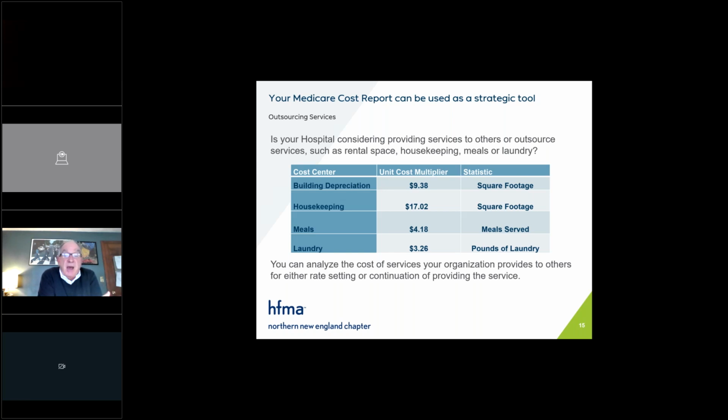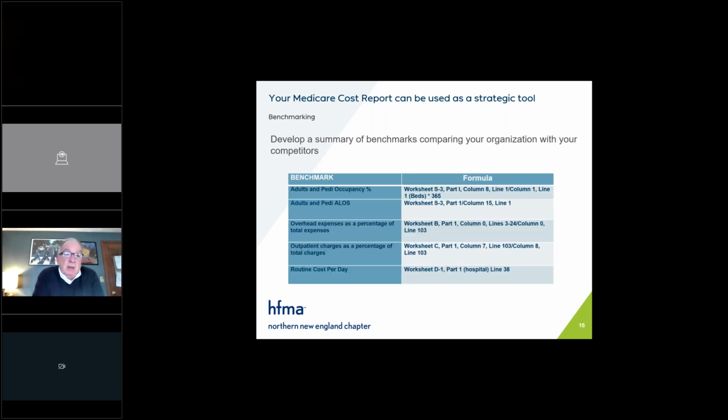Trending and comparison to other hospitals as well. So you can also do some benchmarking, and you can compare your organization with other competitors. Okay, and you can get the services and what it costs for other competitors, and you can compare it to what you're experiencing to see how you compare with other hospitals.